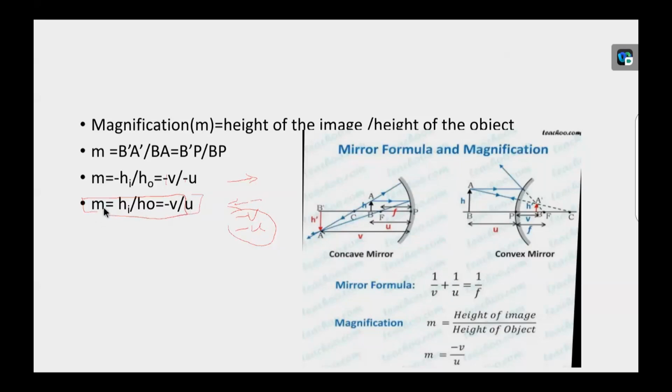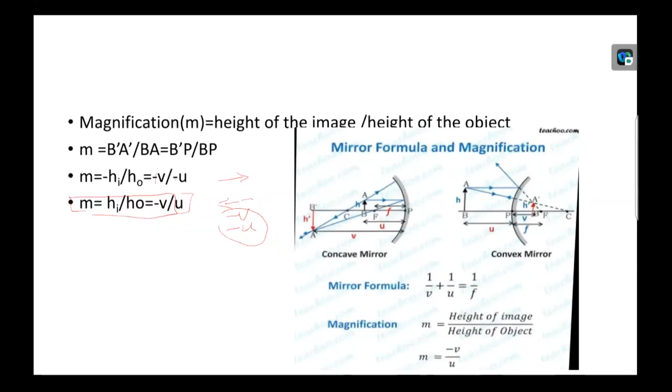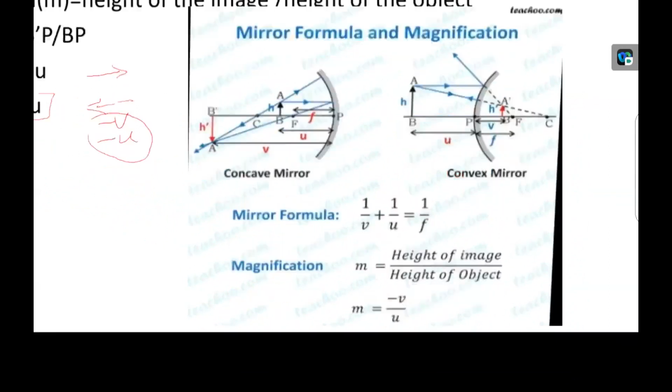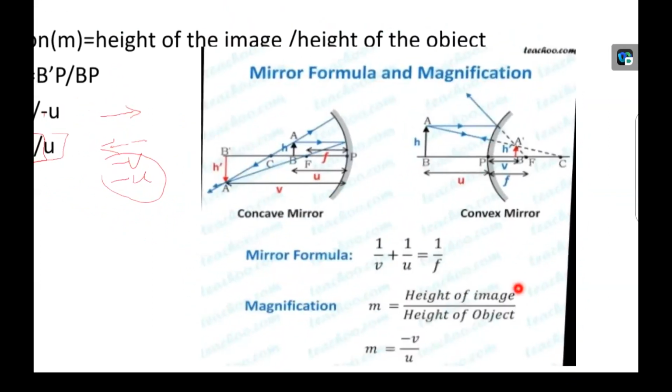Magnification formulas we have got two: height of the image by height of the object, or negative sign of image distance by object distance. Here if you observe, we have got two ray diagrams. It is applicable for both convex mirror and concave mirror. First formula, height of the image by height of the object. Another one, image distance by object distance.